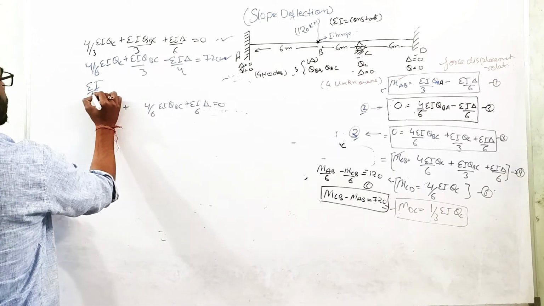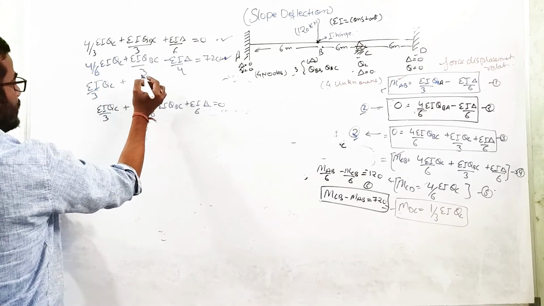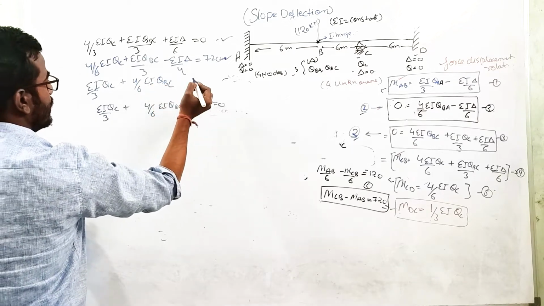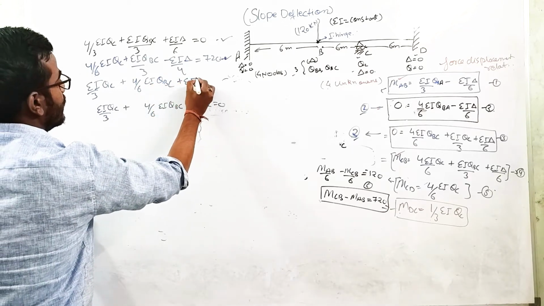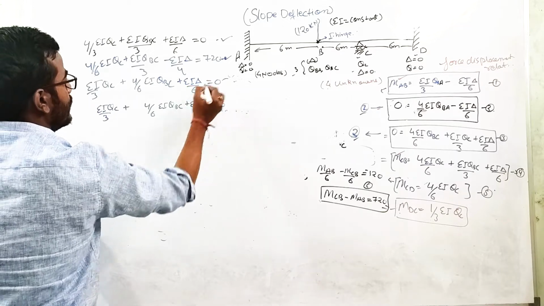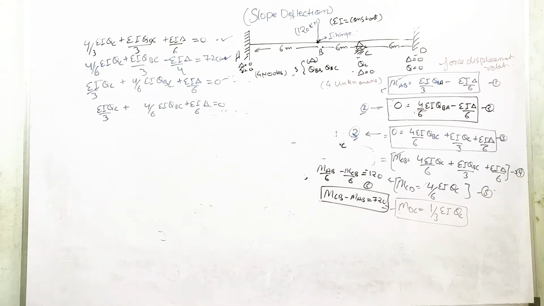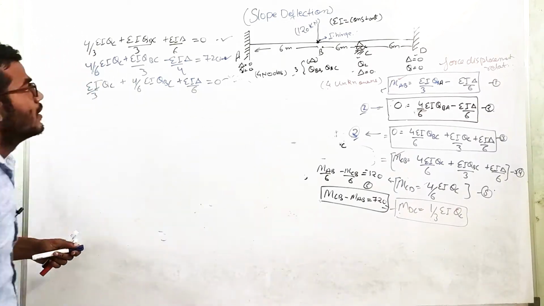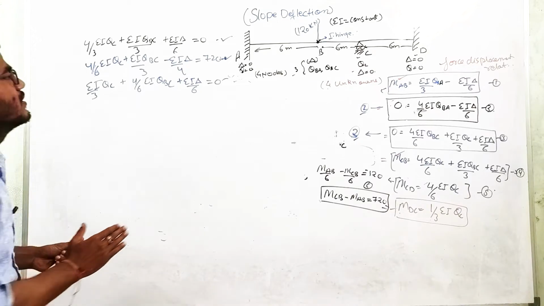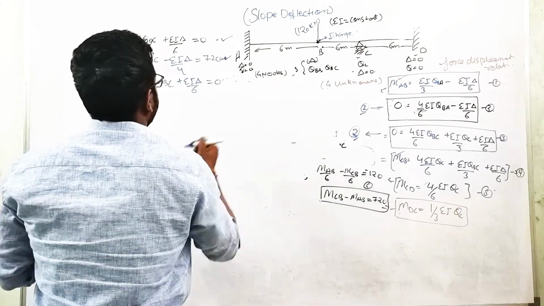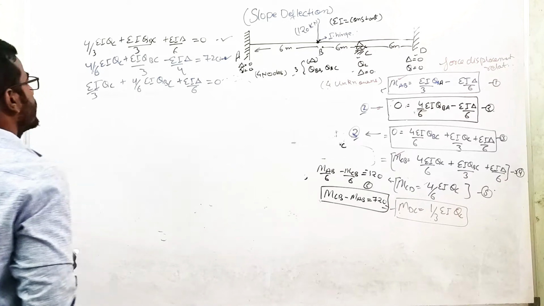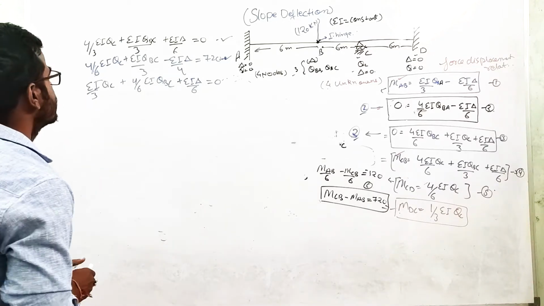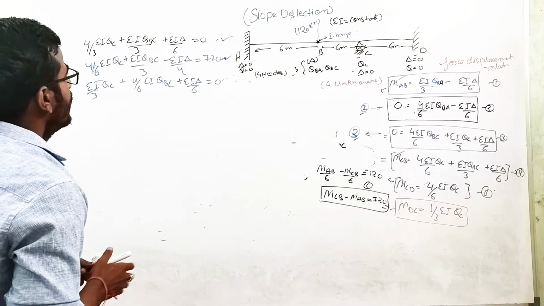So this is the final equation. I have rearranged these equations so that we can solve this in the calculator, because in the calculator we can solve this 3 by 3 system where we are having three unknowns and three equations. So now let us solve this problem.